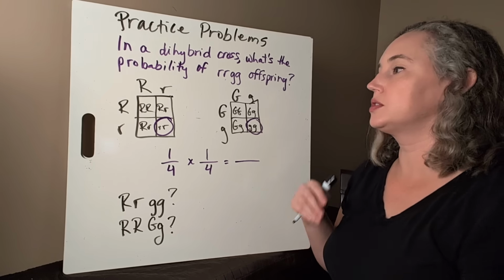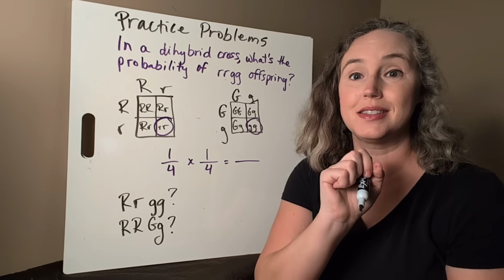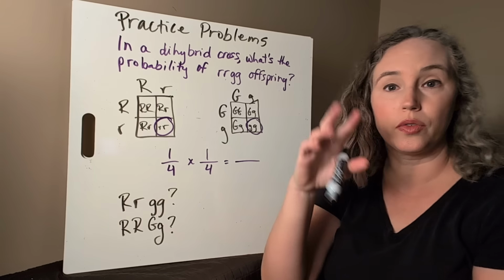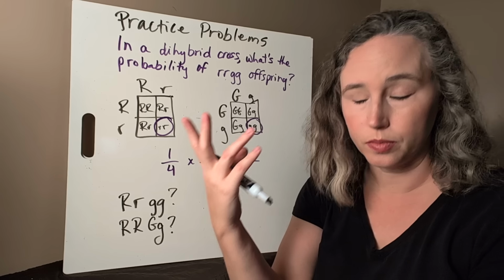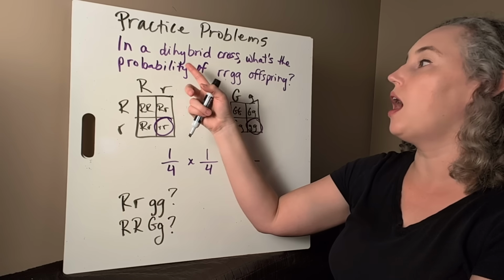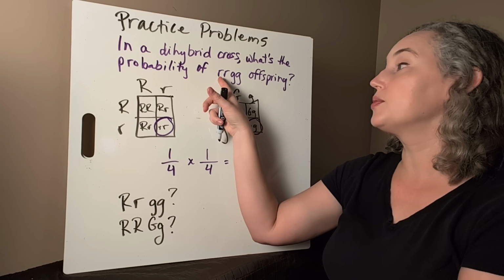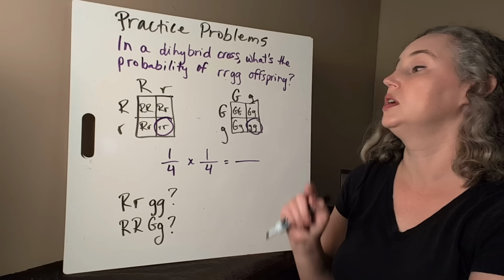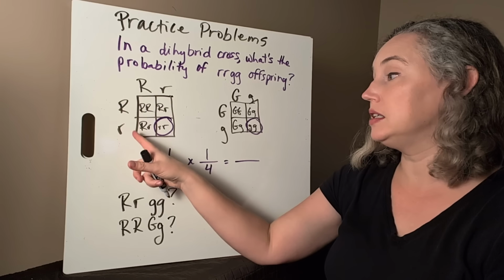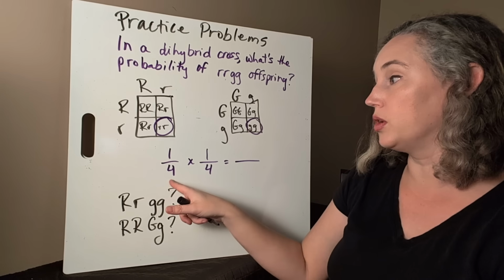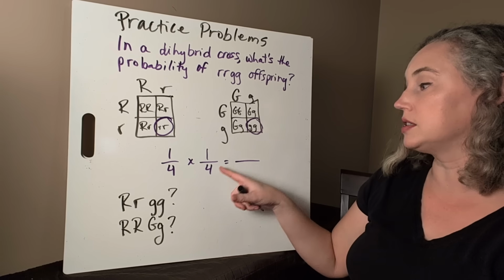So let's do some practice problems. We're using the same concept as before. So in a dihybrid cross, right, so both parents, both heterozygous for both traits, what's the probability of having an offspring with homozygous recessive for both traits? Well, in this case, we don't really have to use the addition rule because there's only a 1 out of 4 chance of being recessive.